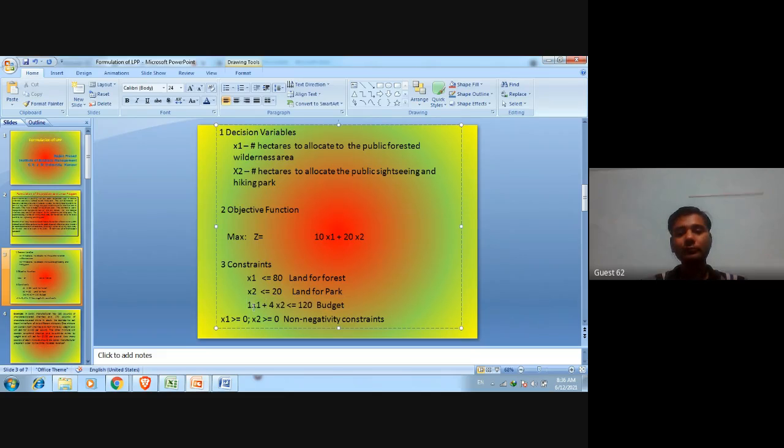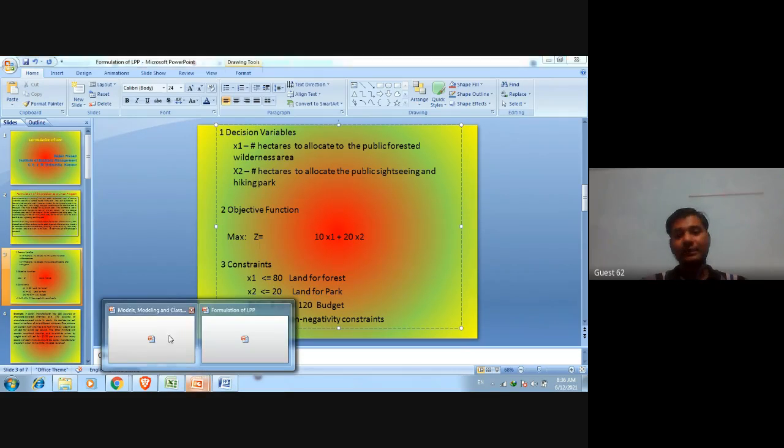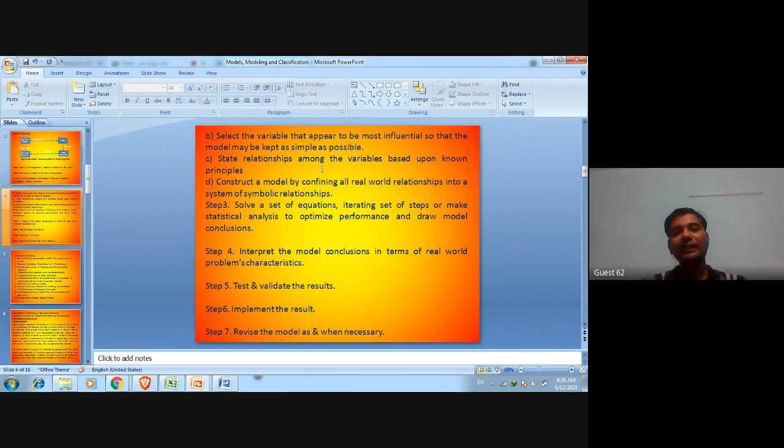Okay, 1000 for forested area, 4000 for your park, but total cost cannot be greater than 120,000. So this is the relationship. Okay, so state relationship among the variables based upon known principles.